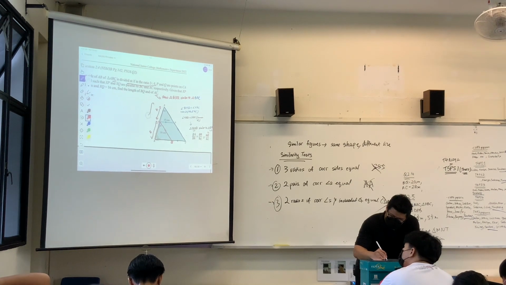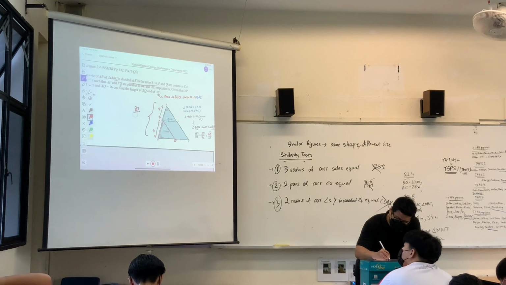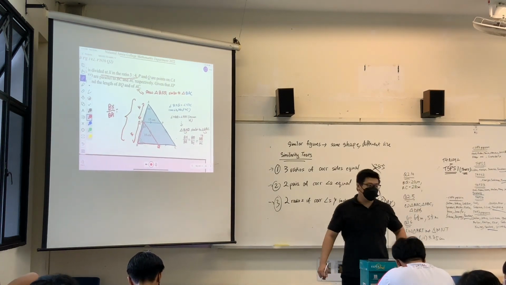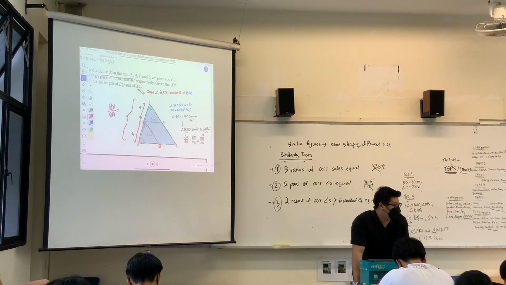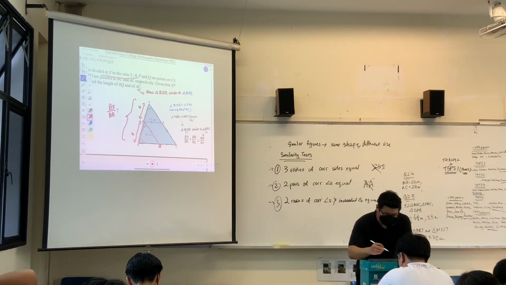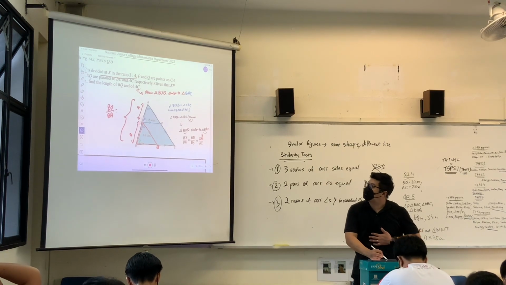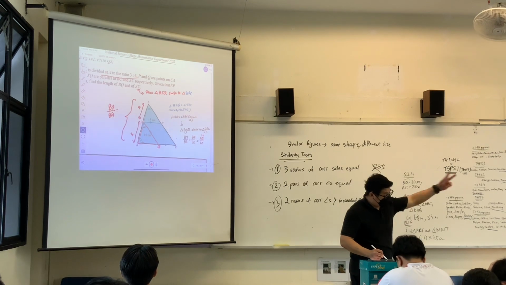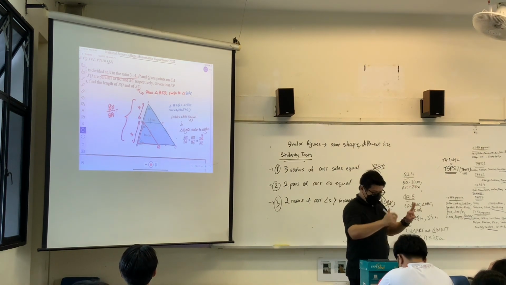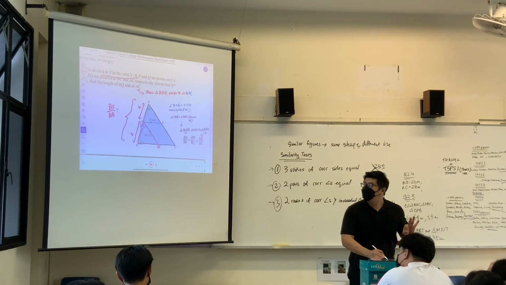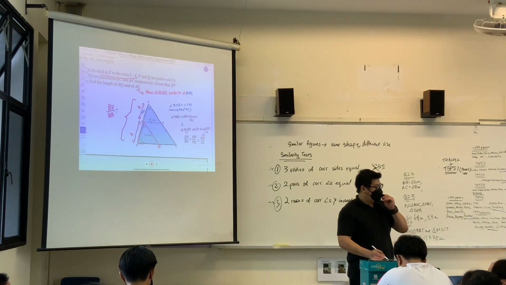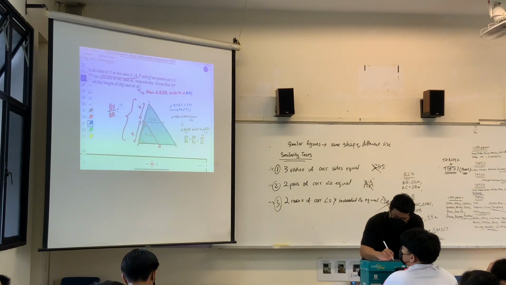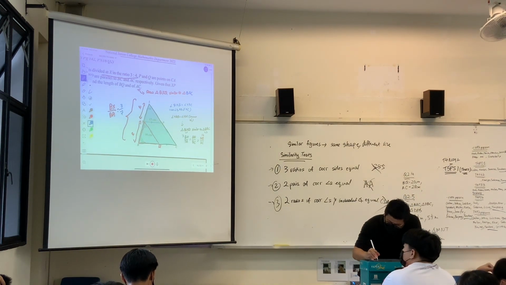So what's the ratio BX over BA? BX to XA is 3:4. So what is BX over BA? 3/7, very good. So you can see I'm filling in my blanks.